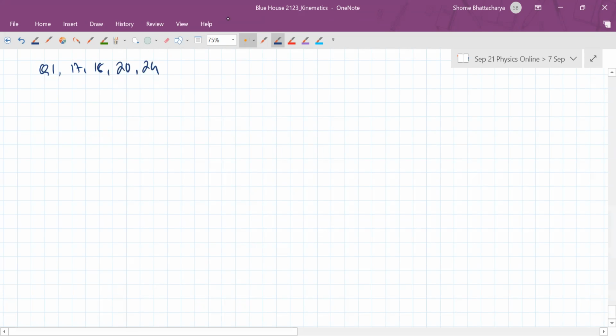Sir, in 17, I have done the A part, but in B part, in finding the impact velocity, I'm not clear about it. Okay, we'll discuss, don't worry. There is a conceptual thing there. So far these are the questions that I have received from the worksheet. If anything has to be added, please let me know. Just a moment, I'll switch to the worksheet.